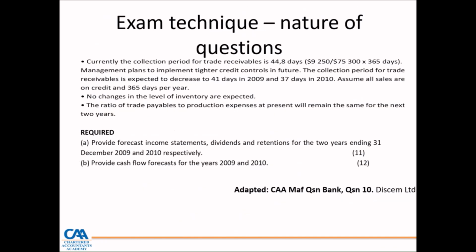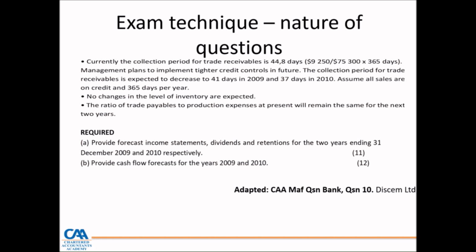So in exam technique, I've just extracted a question where working capital was examined. So I'm sure you can do this. This was just a note in the additional notes. Currently, the collection period for the trade receivables is 40.8 days.